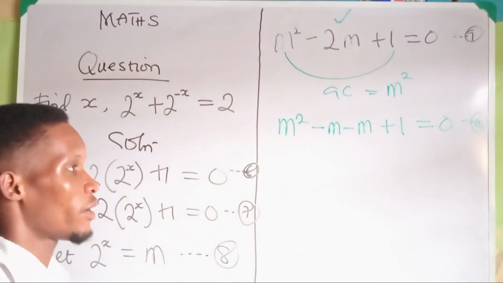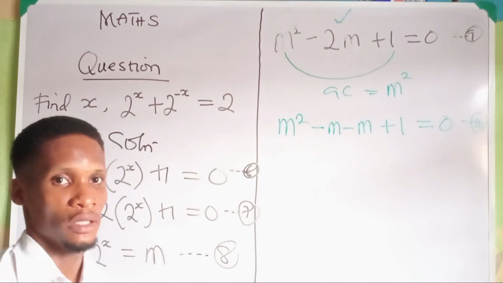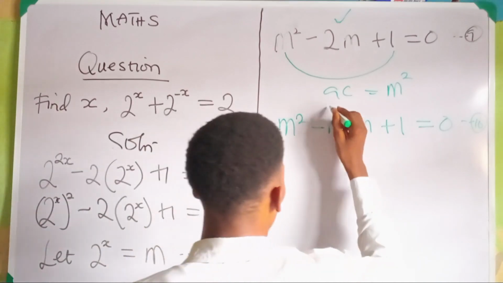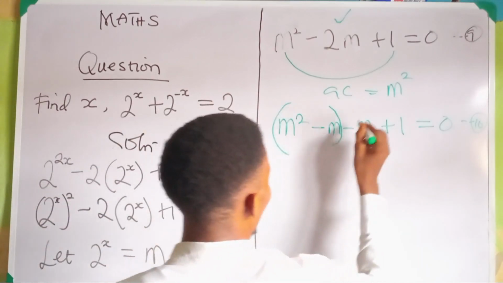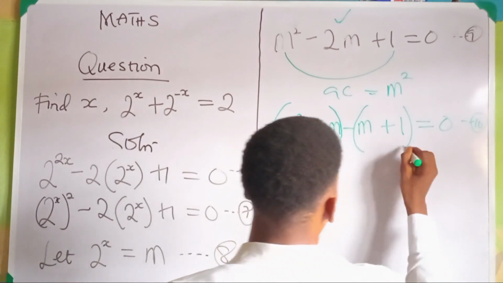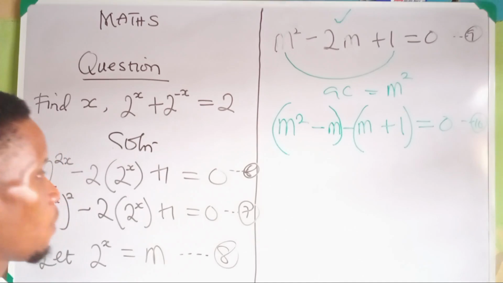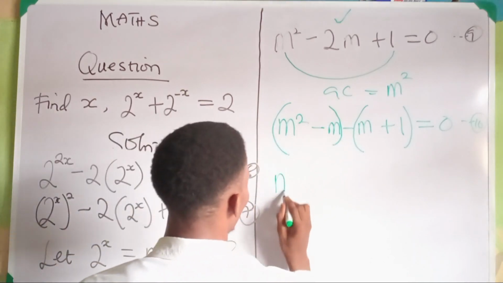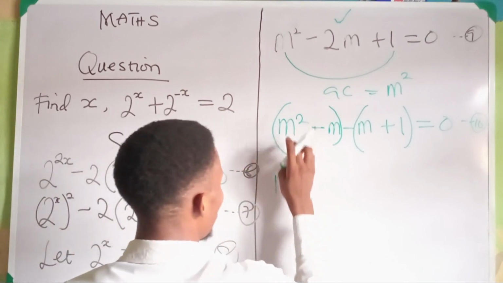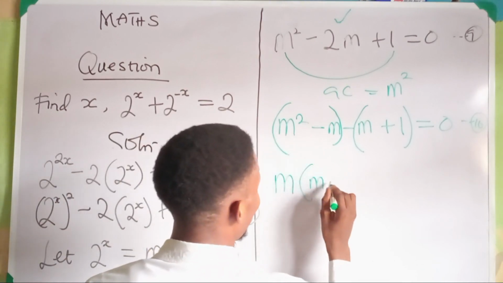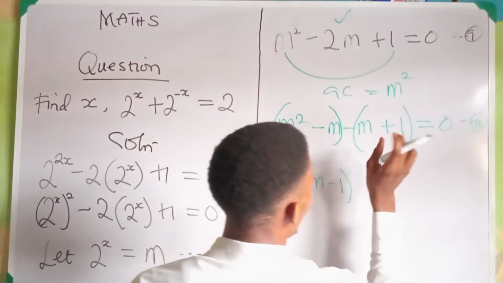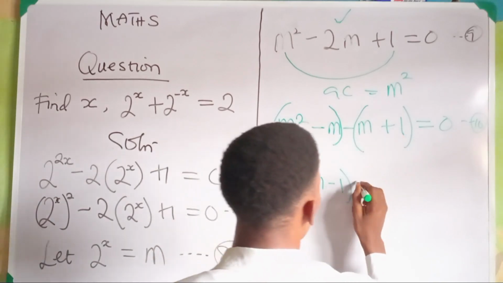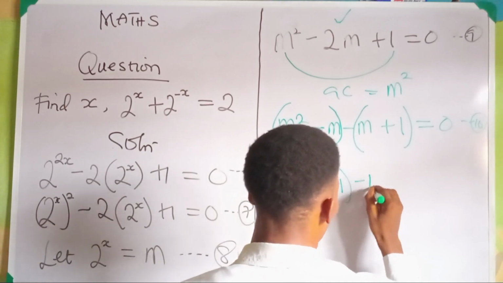For us to find our m, we need to group the equation, and the grouping will go like this. So what do they have in common here? They have m in common. If you remove m from here, it remains m minus what? 1. Then what do they have in common here? They have only 1 in common.